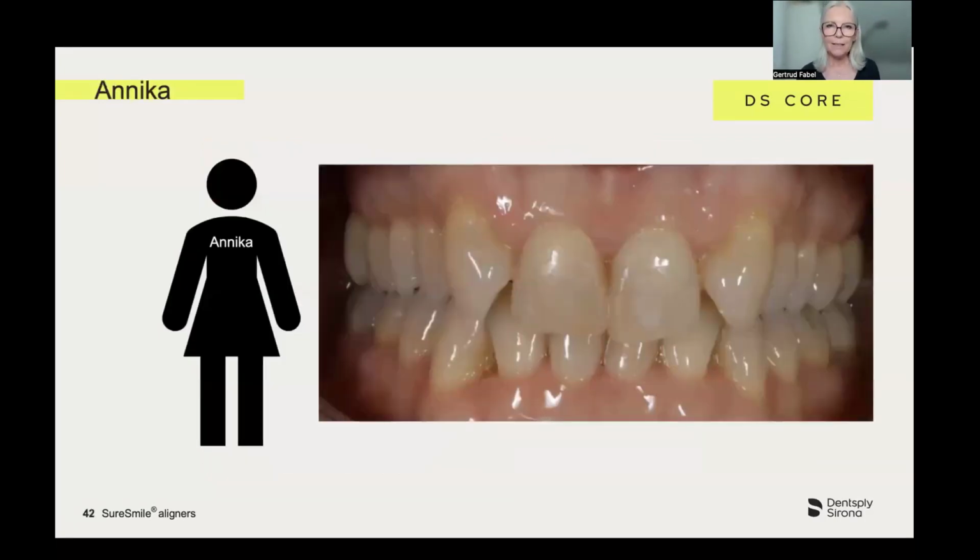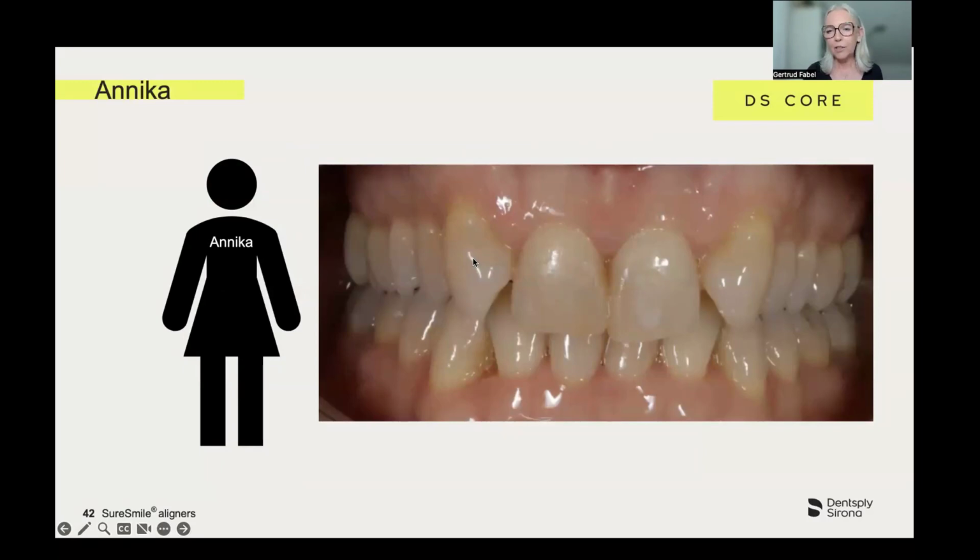Well, and my last case is Annika. Annika is one of my favorite cases, because imagine if you're 12 years old and your dentist has to tell you, well, Annika, you won't get laterals at all. And we have to close the gap by moving the canines toward the incisors.